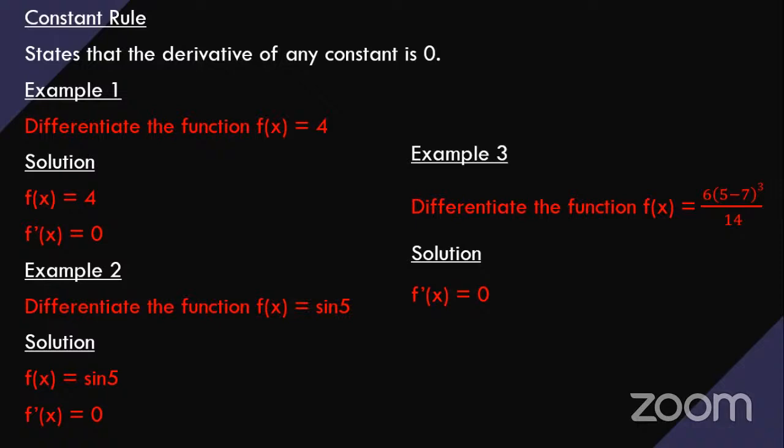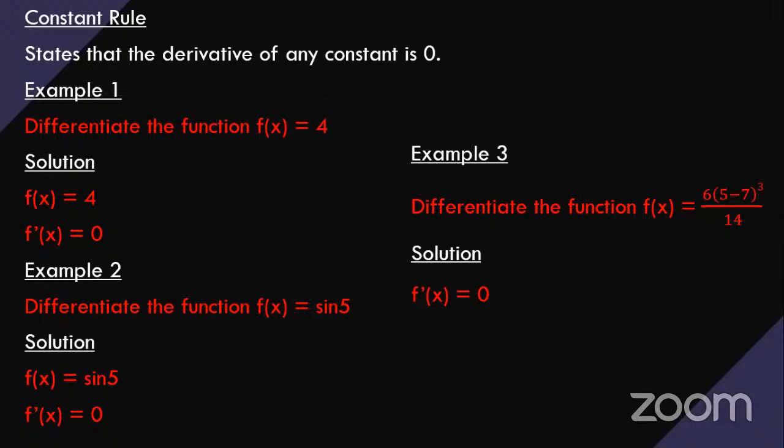Let's take an example. Example 1: if we differentiate the function f of x equals 4, 4 is actually a constant, so when we differentiate it, we will get 0. Looking at example 2, if we differentiate sine 5, we will get 0.